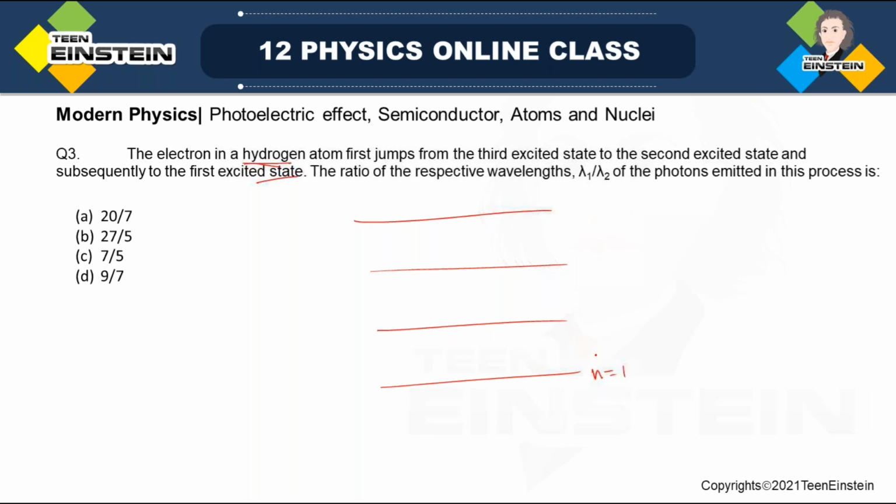So this is the ground state, n equal to 1. Then n equal to 2 is the first excited state, n equal to 3 is the second excited state, and n equal to 4 is the third excited state.